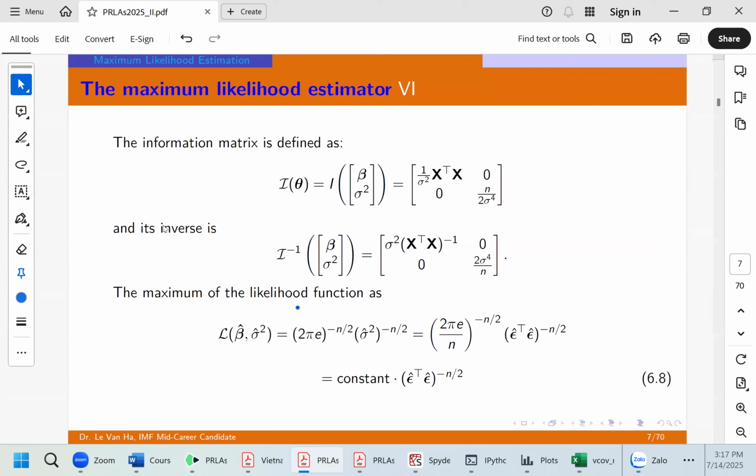Okay. Can you implement this calculation? So how to get the numpy number pi here? How to get the number pi here?